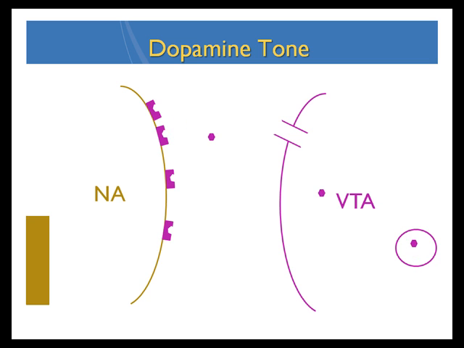Notice that of the 7 molecules of dopamine we've drawn here, 5 have already been sucked back into the ventral tegmental area and repackaged in another vesicle. 2 are still bouncing around, touching receptors, bouncing on and off. They represent the baseline dopamine tone.